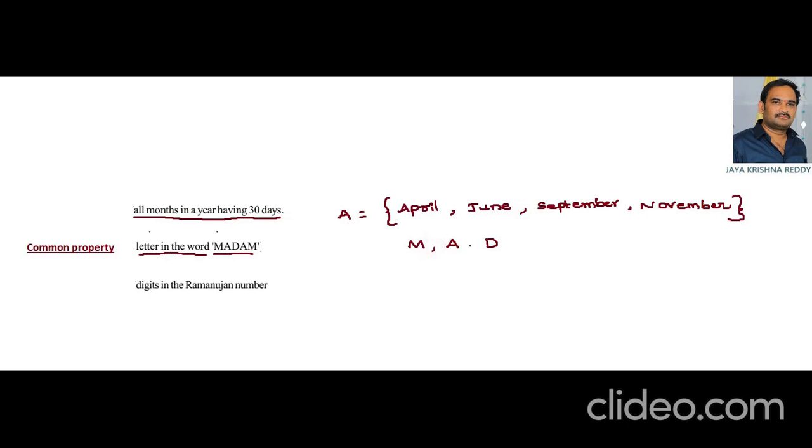So we can write this by separating by commas and keeping them in braces like this, and you can denote it with a name, suppose capital B. So here B is a set and how many elements does it have? 3 elements, M, A and D. You should not write any element 2 times or 3 times like that. Each element should be written only one time in a set.